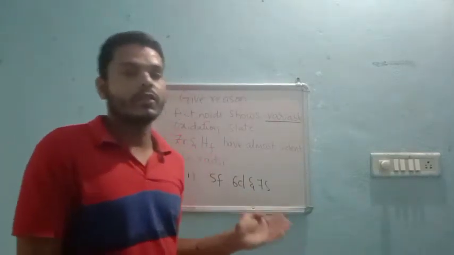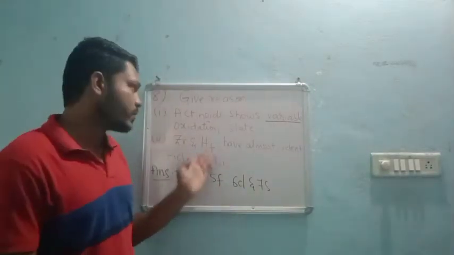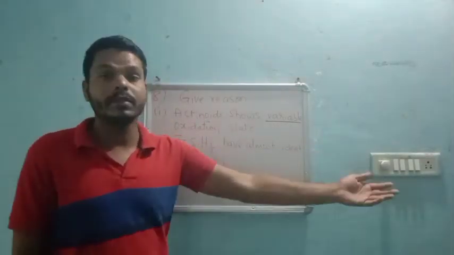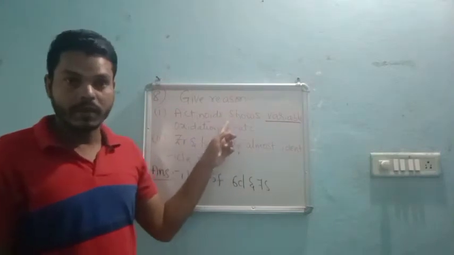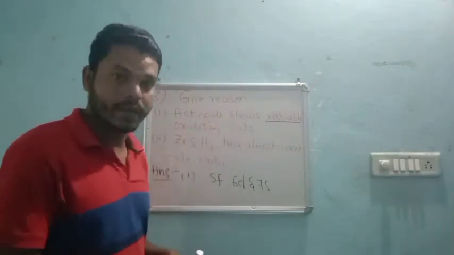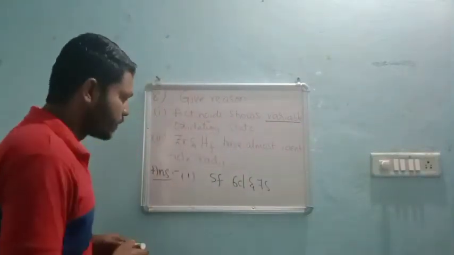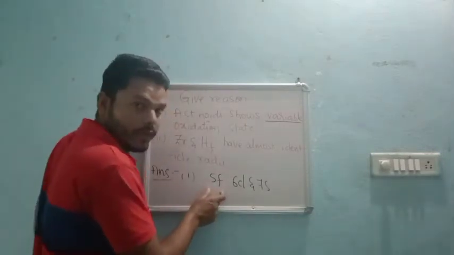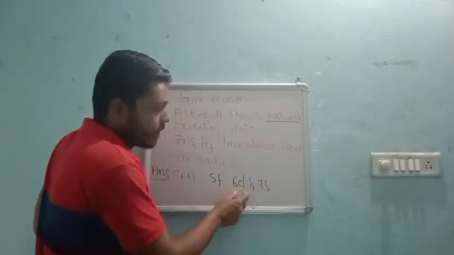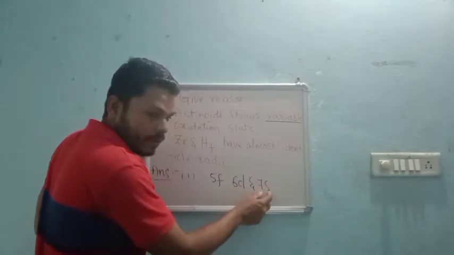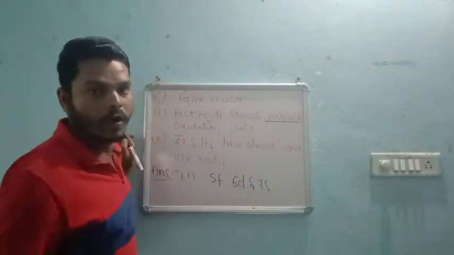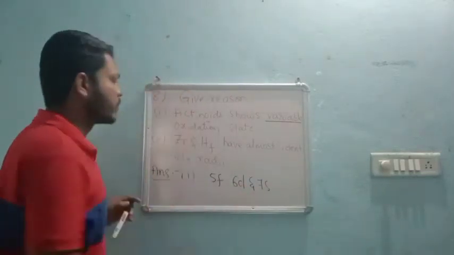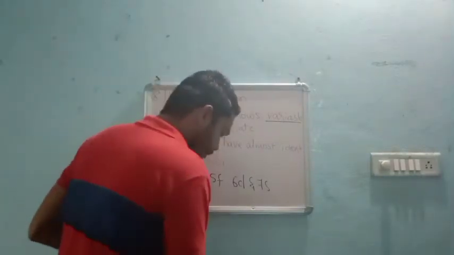So that's why they show the variable oxidation state, like +3 to +6, right? Understood? So this is the first answer. You can take down: the energy gap between 5f, 6d and 7s orbitals is very small, so that's why they show the variable oxidation state.